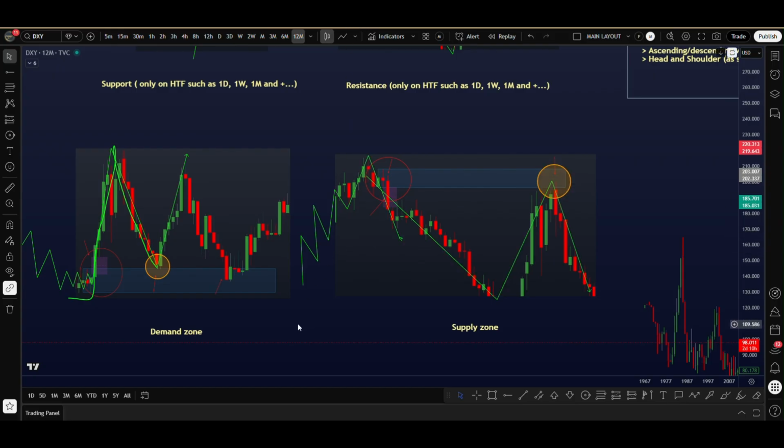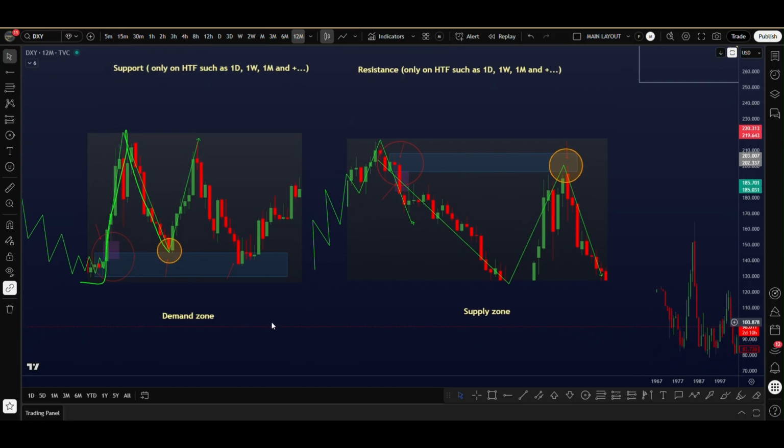So to resume, demand and supply zones are zones where you will find big orders. Generally, we have big orders placed by big institutions like banks and hedge funds, institutions with big money. Usually they move the price with big candles.